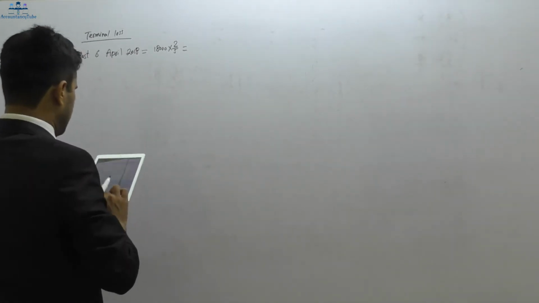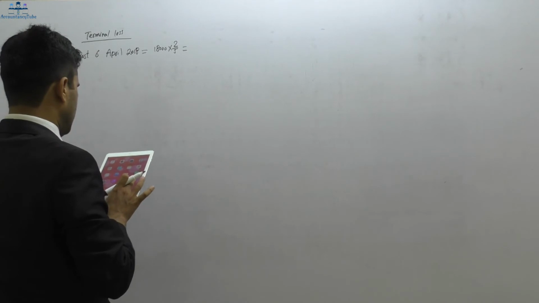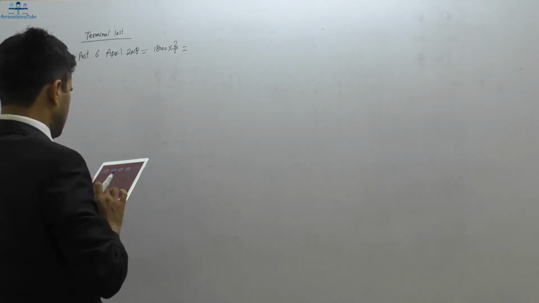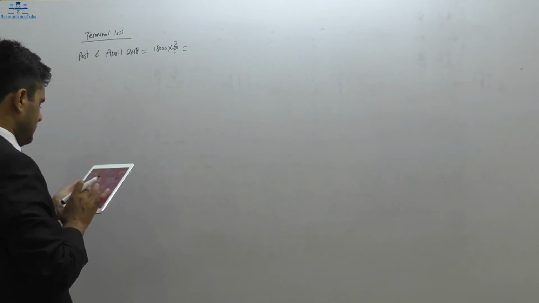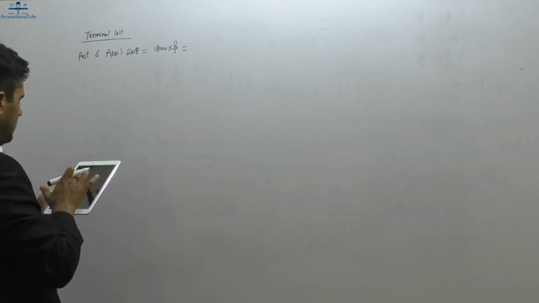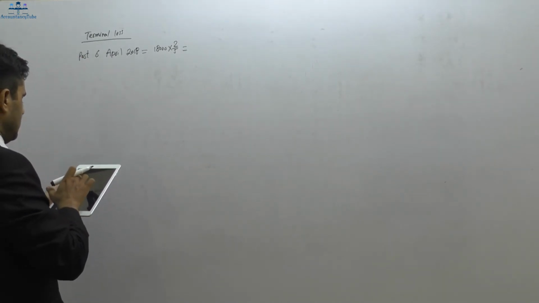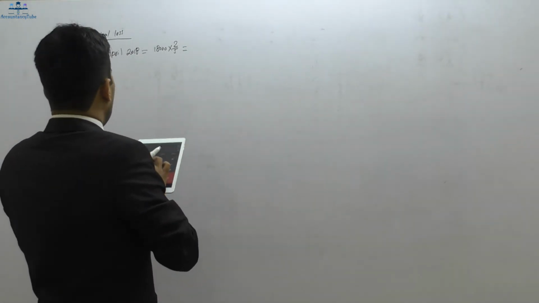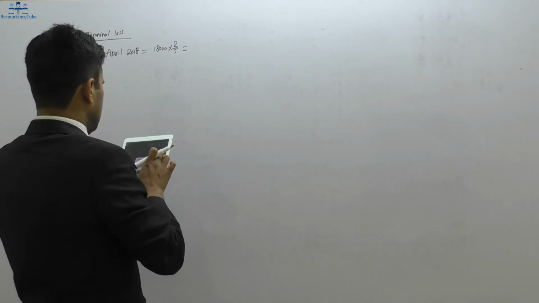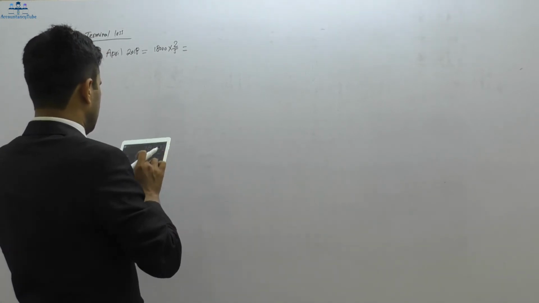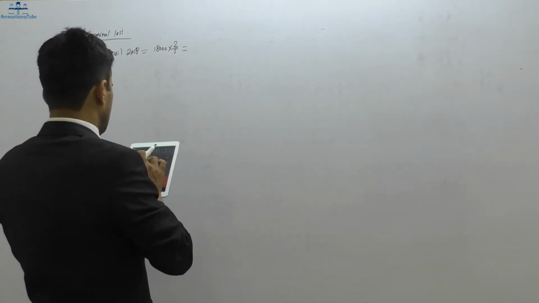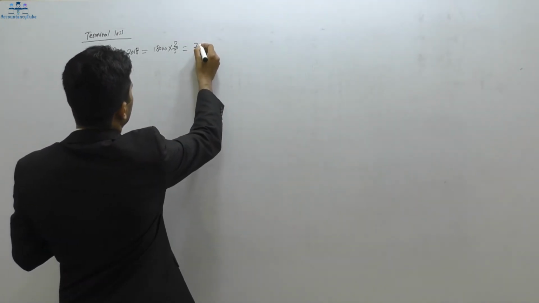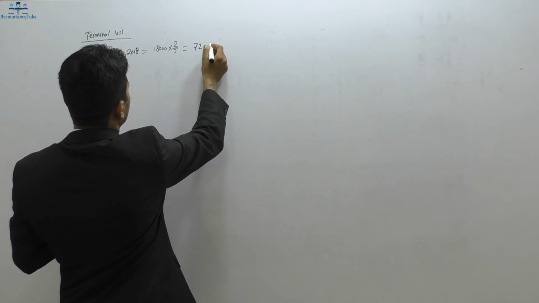So whatever this figure is, let me do it on the calculator so that we can finish it off. £18,000 times 2/5 is £7,200. £7,200 is a loss.